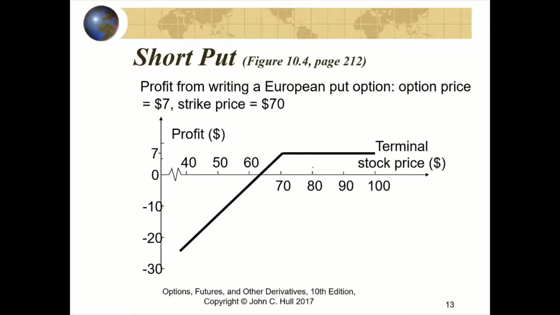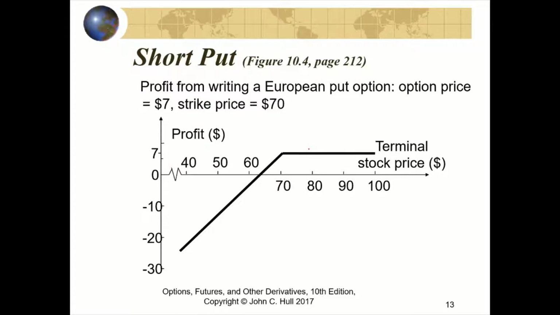Now, as the stock price decreases, since the long investor has the right and the short investor has the obligation to enter into the transaction, if the long wants to exercise, then the short has to buy the underlying asset from the long.